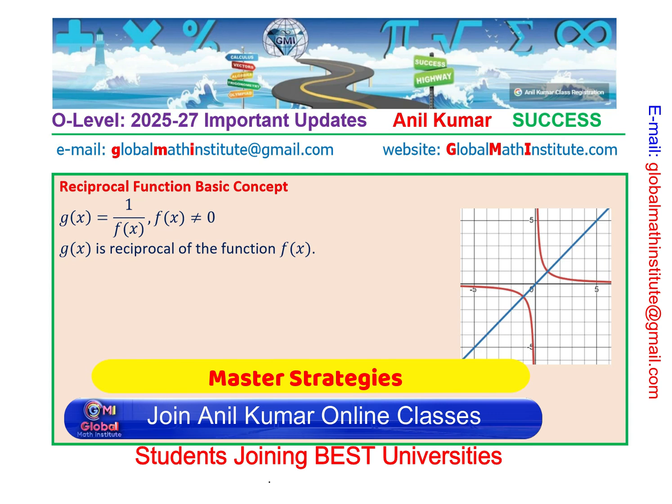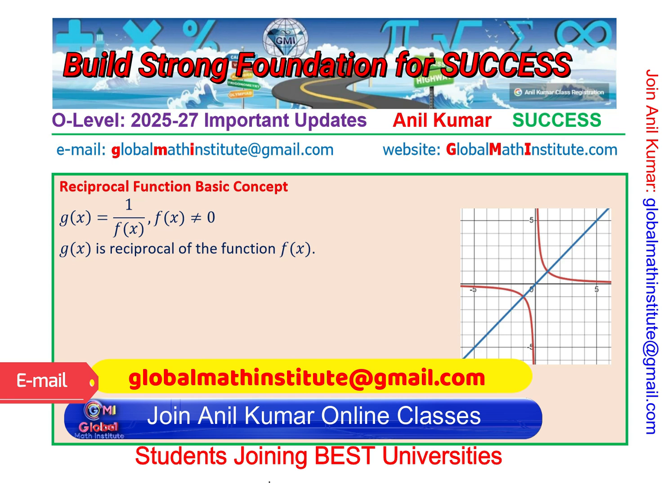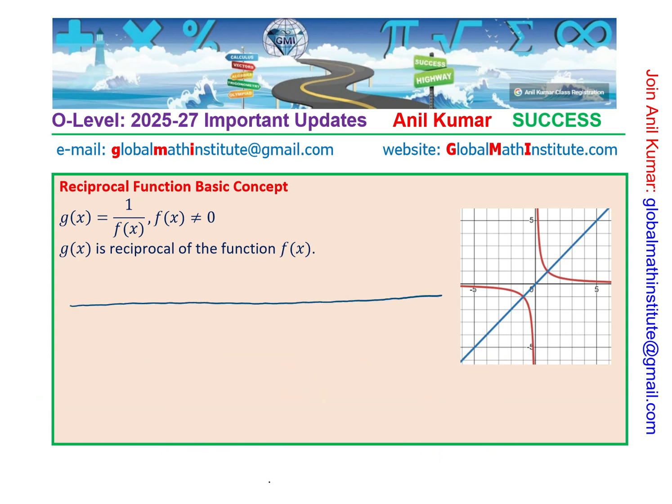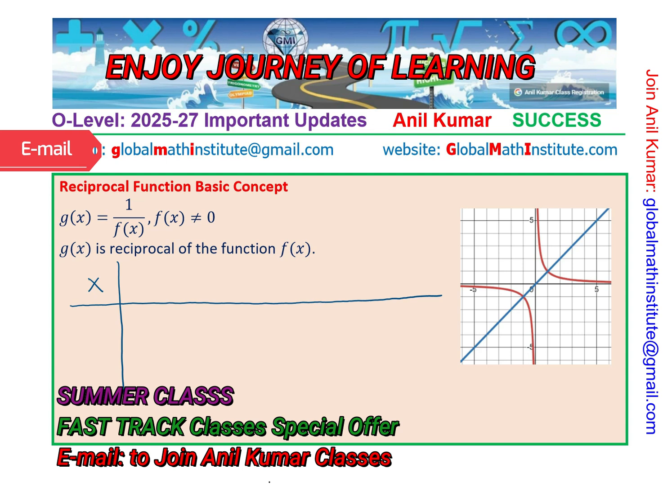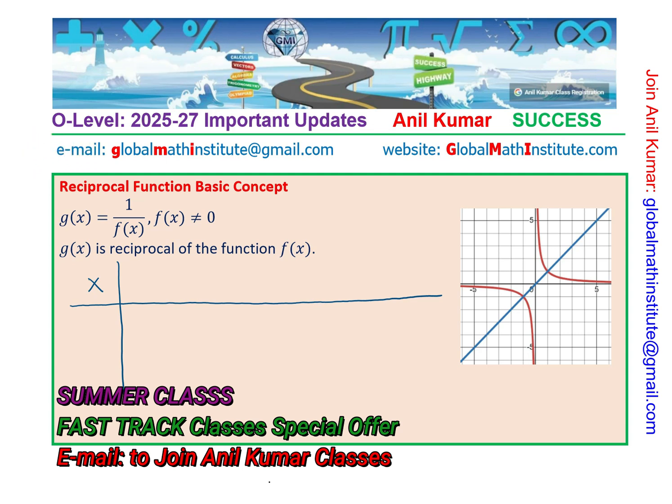So let's see what is reciprocal, right? So let's begin with the number system itself so that the concept is absolutely clear to you. So what I am going to do here is take up some values of x, right? So if I take a value of x as, let us say, 1, so let me write down the number here, 1. So if I have x as 1, then what is the value of 1 over x?